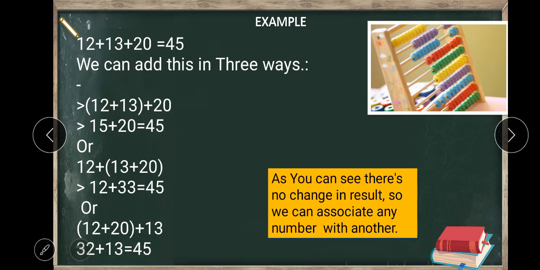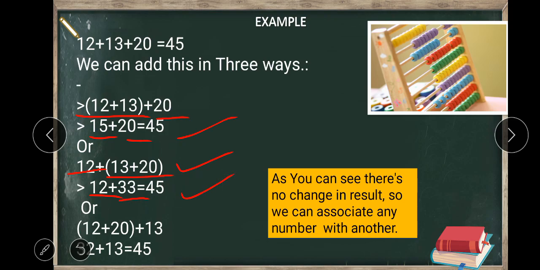Starting with the first two, 12 plus 13, we get 25, and then adding 20 to it, we get 45. Now the second one, 12 plus 13 plus 20. Here we will add 13 plus 20 first and get 33, and then 33 will be added to 12 and we will get 45.